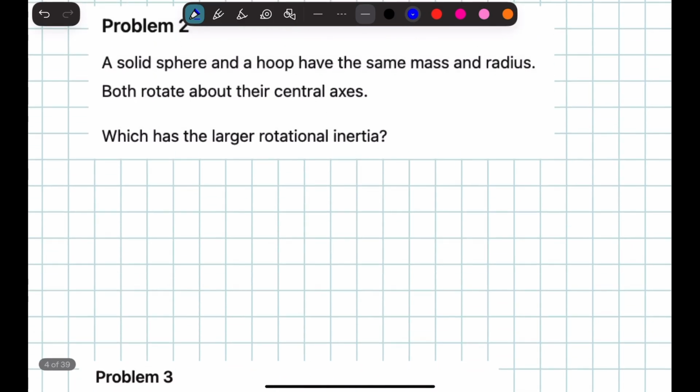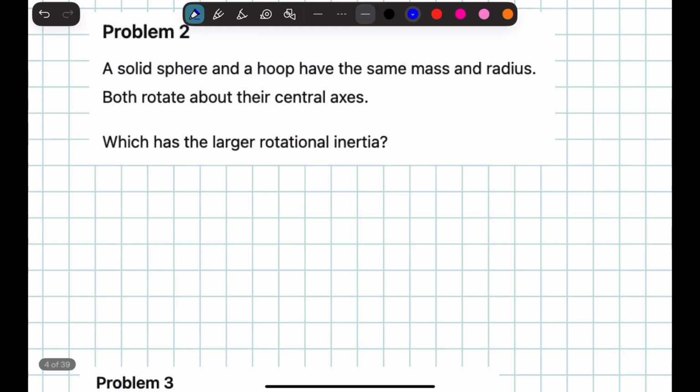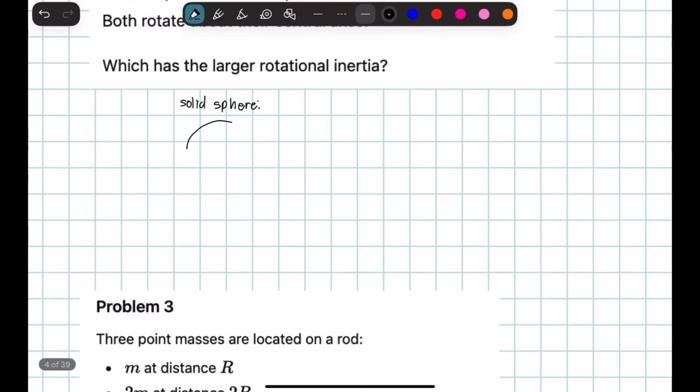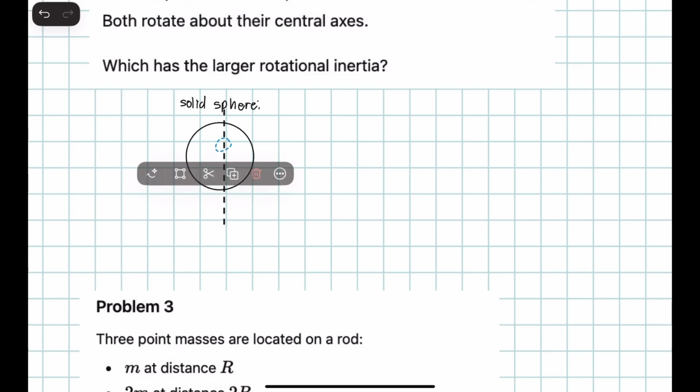Now let's continue with the second example. A solid sphere and a hoop have the same mass and radius. Both rotate about their central axes. Which has the larger rotational inertia? So let's start off by drawing the solid sphere. Just imagine a circle, and the sphere is rotated about its central axis.